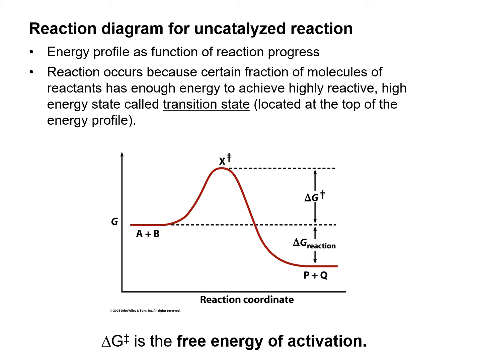And the energy difference between the reactants and the transition state is indicated here as delta G double dagger, which shows the free energy of activation, or delta G of activation. And depending on the size of this delta G double dagger, the reaction from A plus B to P plus Q can be easily achieved, or have a really hard time getting there because of a huge hurdle.